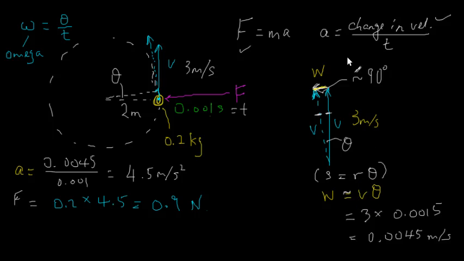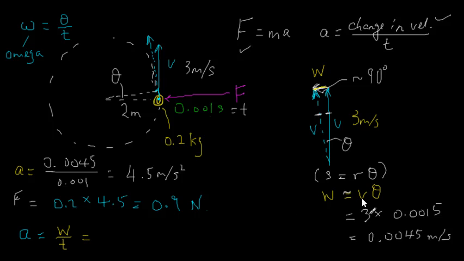So let me start by trying to obtain an expression for the acceleration. Now, the acceleration came from the change in velocity over the time. Acceleration is equal to change in velocity, W, over time.